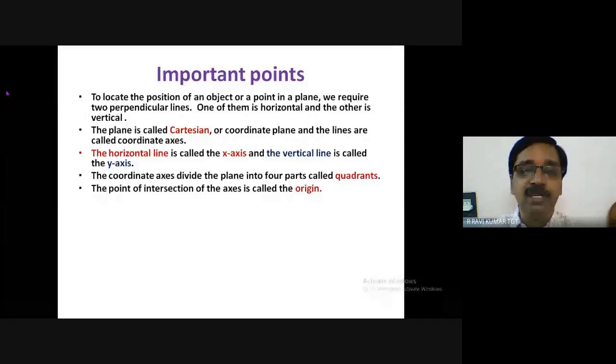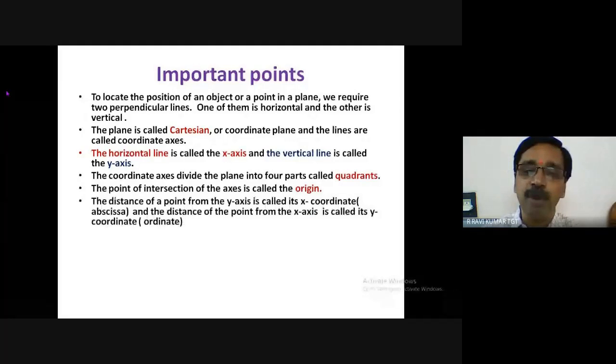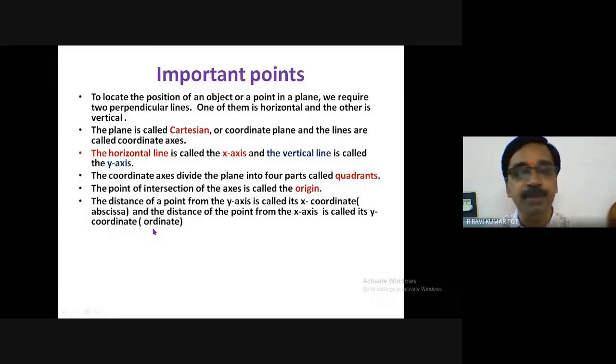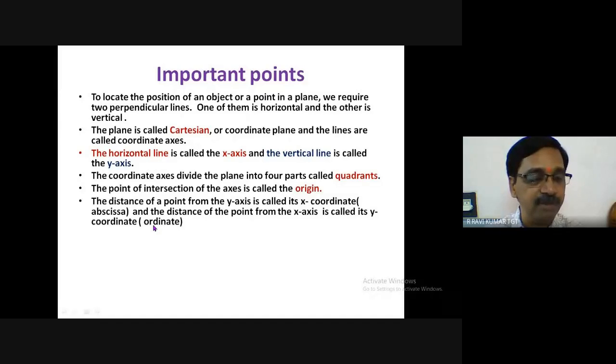The distance of a point from the y-axis is called the x-coordinate, and the distance of the point from the x-axis is called the y-coordinate. The x-coordinate is also called the abscissa. The y-coordinate is also called the ordinate. These names you also have to remember. Sometimes they may come in the 1-mark questions.